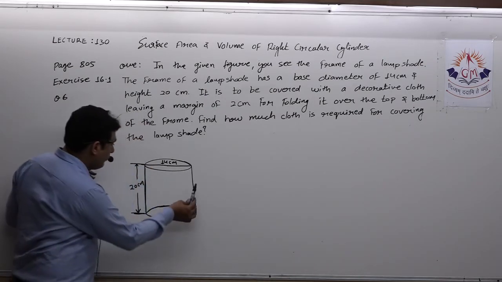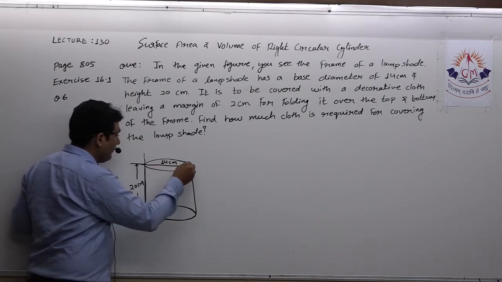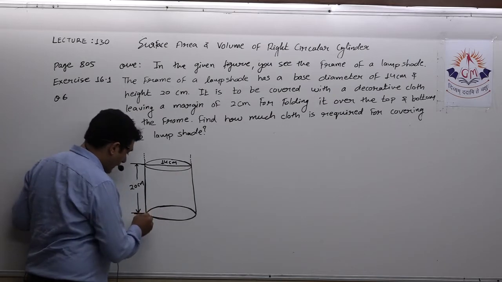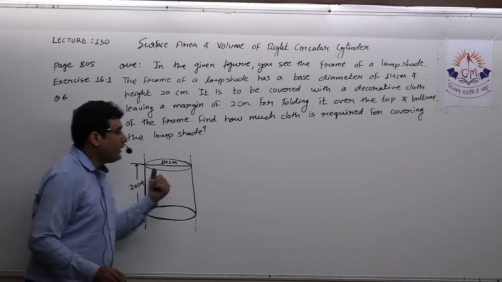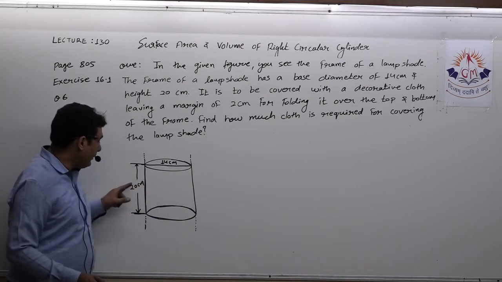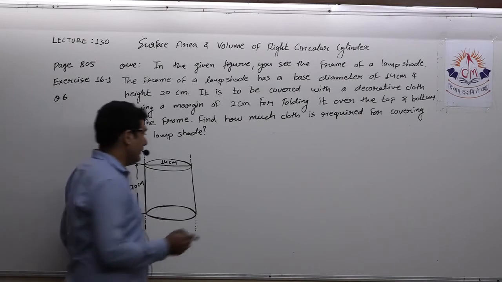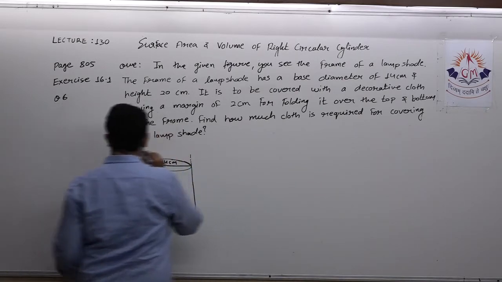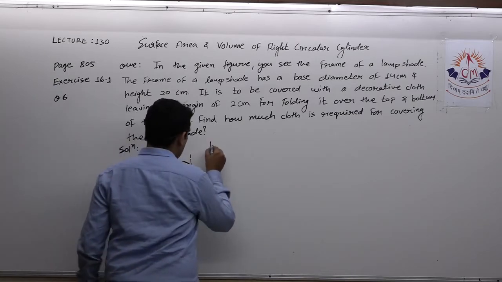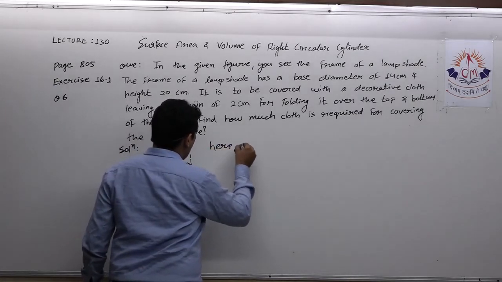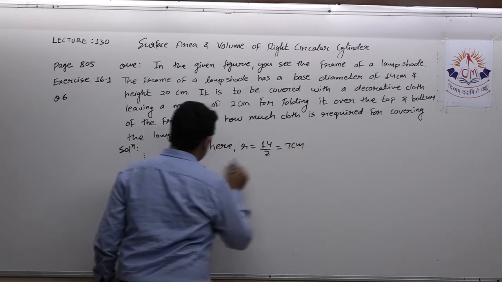So definitely we have to cover it in such a way that we take a margin of 2 centimeter over here as well as over here. So we can say the diameter remains same, but the height becomes 20 plus 2 plus 2, that is 24 centimeter. So let us see its solution. Here r is equal to 14 by 2, that is 7 centimeter.